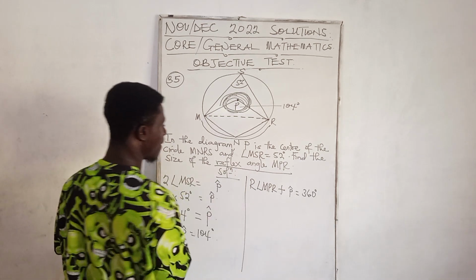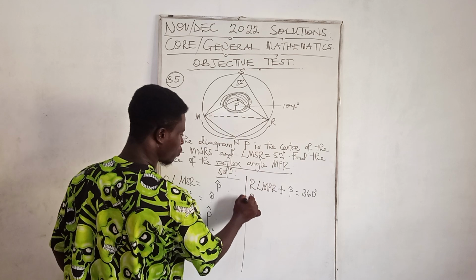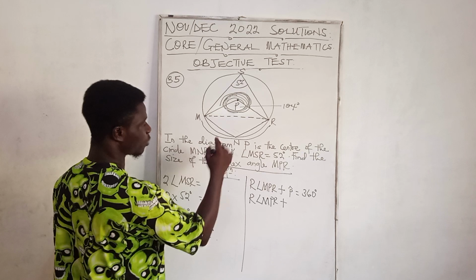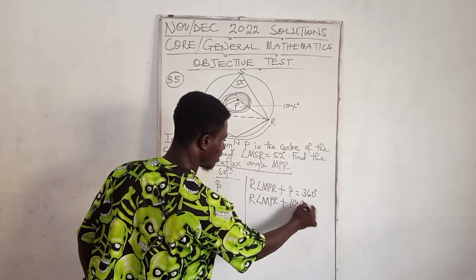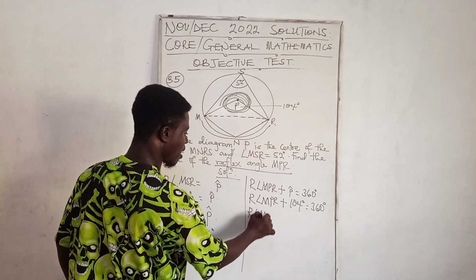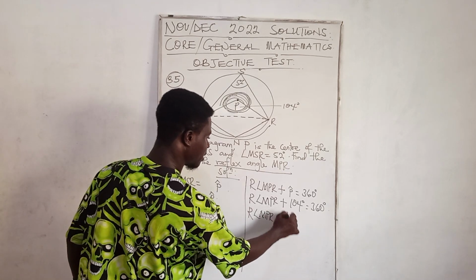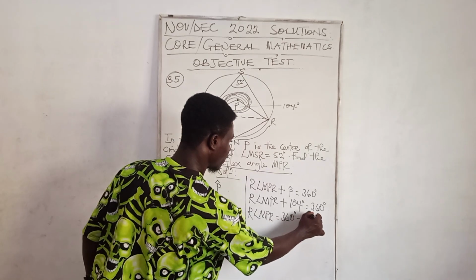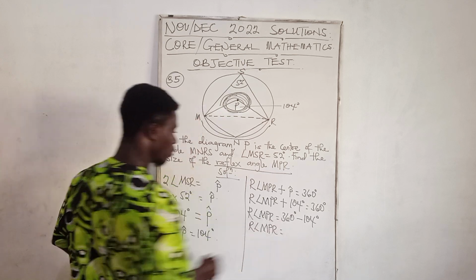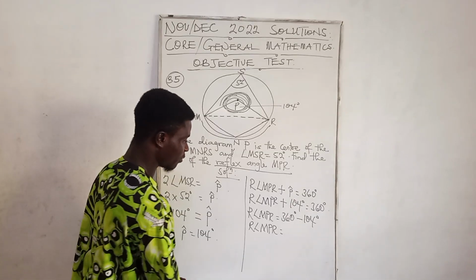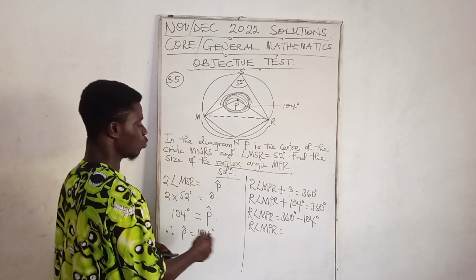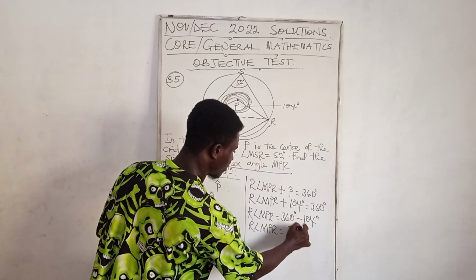So reflex angle MPR, we are yet to find for that. MPR plus angle P, which is 104 degrees, equals 360 degrees. So reflex angle MPR must be equal to 360 degrees minus 104 degrees, which is 256 degrees.